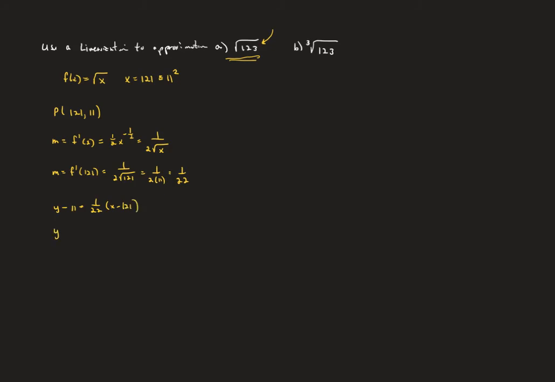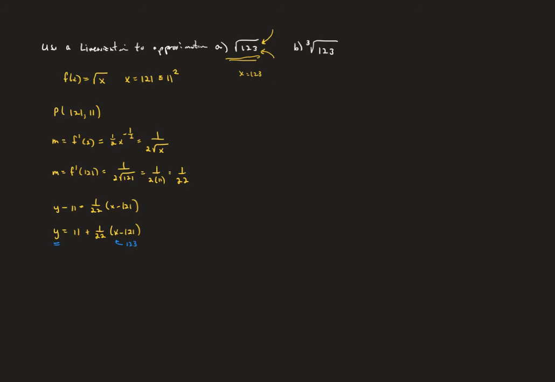Now I'm just going to add the 11 to the other side, but I'm not going to get carried away and try to simplify this a whole lot, because shortly here it's going to become much easier to deal with. We want to approximate the square root of 123. That means our x value is going to be 123. So in our linearization, we're going to plug in for x 123 and solve for the y.